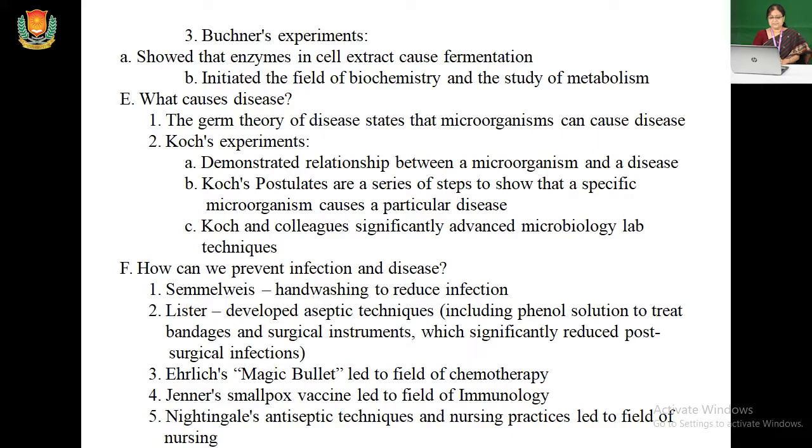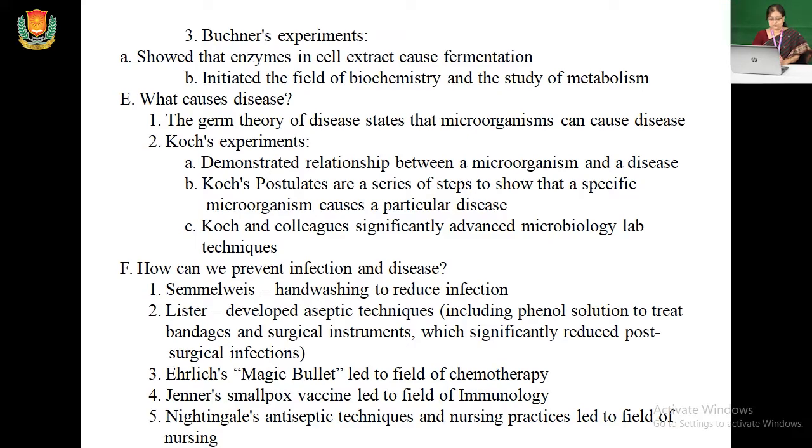So here we are seeing some of the important contributions, that is Semmelweis. He gave hand washing to reduce infection. Lister developed, as I have already told you, the phenol solution for surgery, and this solution is used to sterilize the surgical instruments and significantly reduced surgical infection. Ehrlich's magic bullet led to the field of chemotherapy.